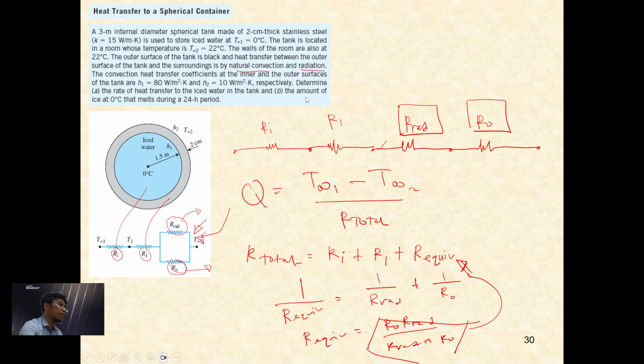And for B, the amount of ice melt during 24 hours.